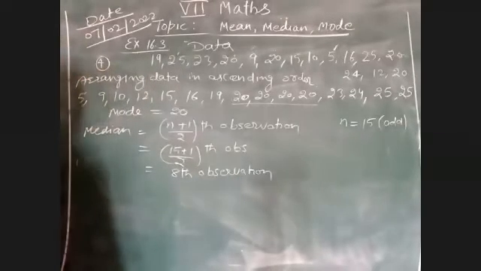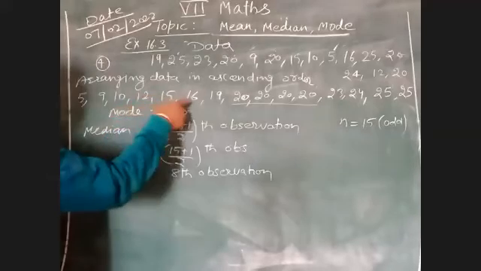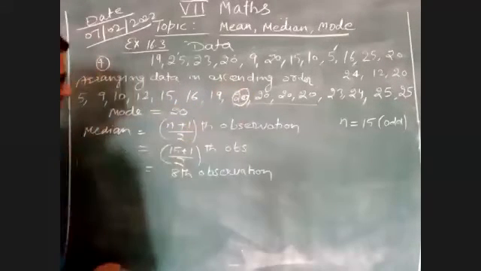Now observe your 8th observation: first, second, third, fourth, fifth, sixth, seventh, 8th. The 8th observation is 20. So the median will be equal to 20.